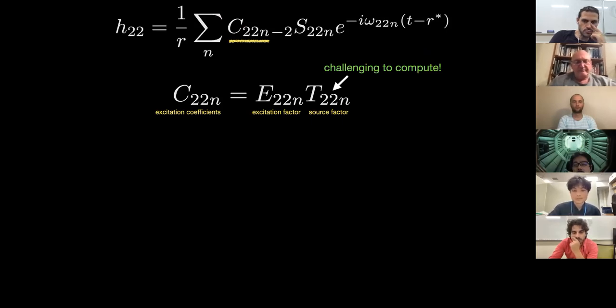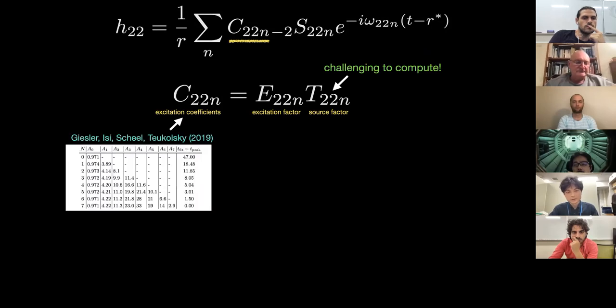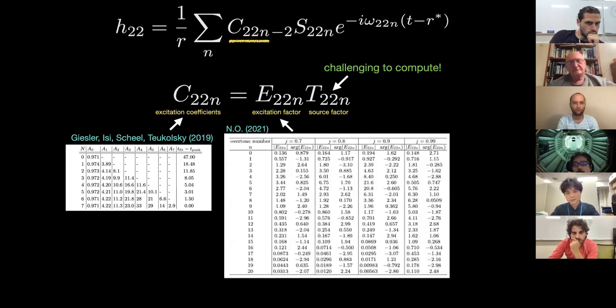But in the previous work, they extracted the excitation coefficients by fitting the numerical relativity waveform. Now, looking at the Green's function and the structure around its poles, I computed the excitation factors up to 20 overtones.